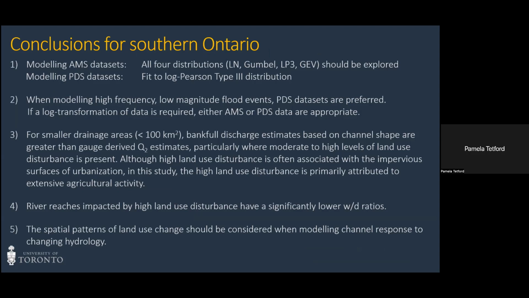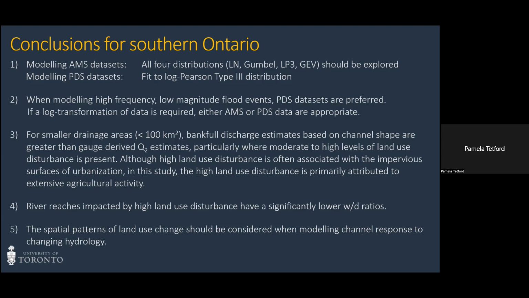So we've concluded from this that when modeling AMS and PDS data sets, the PDS one does suggest that a log Pearson type 3 model is appropriate, whereas for the other ones you need to do an individual goodness of fit criteria.